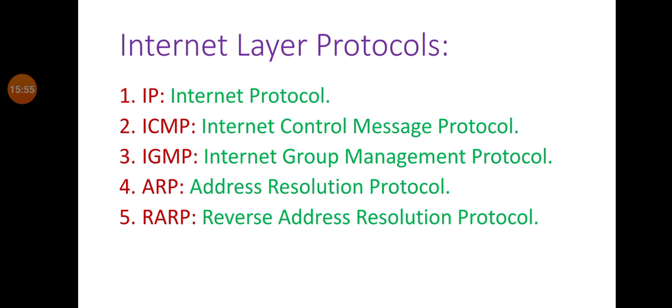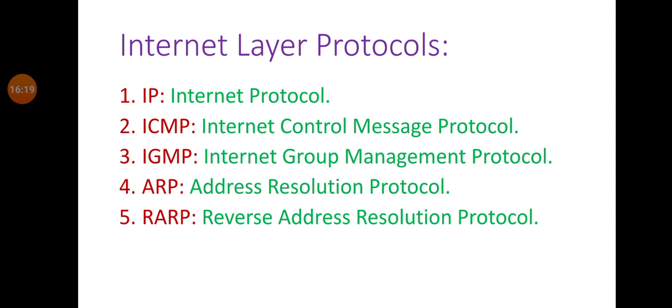Then come to the next one, that is ICMP. ICMP means Internet Control Message Protocol. It is used by network devices to diagnose network communication issues. To diagnose means to correct the network communication issues.